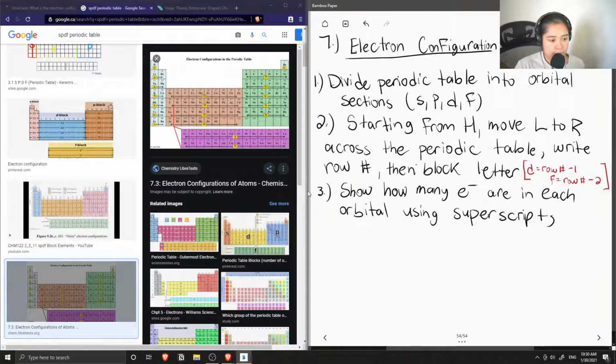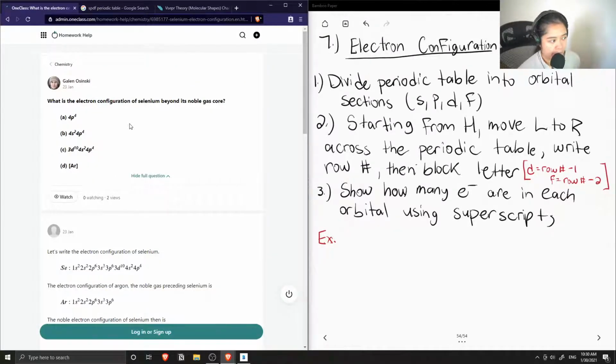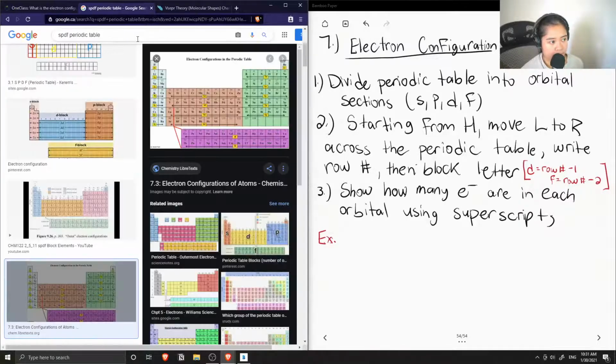Okay, so let's look at our example, which I believe was selenium. And they ask for selenium beyond its noble gas core, but it just helps if we write out the full electron configuration and then find out what the noble gas core is, and then we can find out our answer. Okay, so let's find selenium on the periodic table. You can see it's right here, atomic number 21.